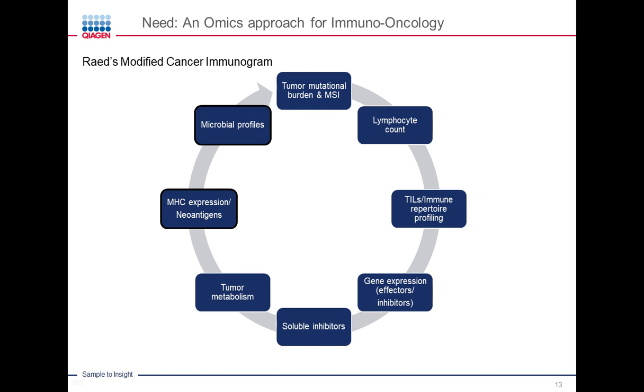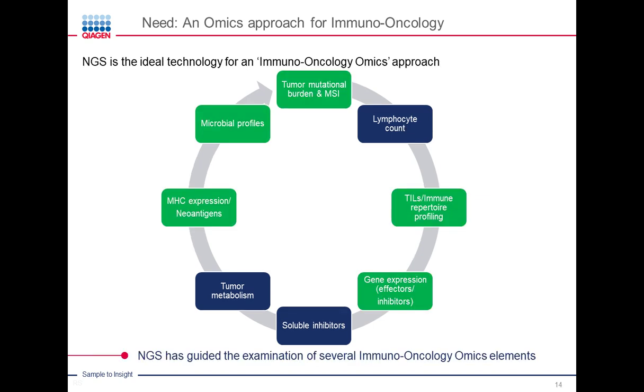One can look at lymphocyte counts. One can look at the immune repertoire profiles that exist within the tumor microenvironment. One can take a look at gene expressions in terms of effectors and inhibitors, soluble inhibitors, tumor metabolism, MHC expression, and neoantigens, as well as microbial profiles. These are all elements that can be, again, tied all together as in a cancer immunogram.